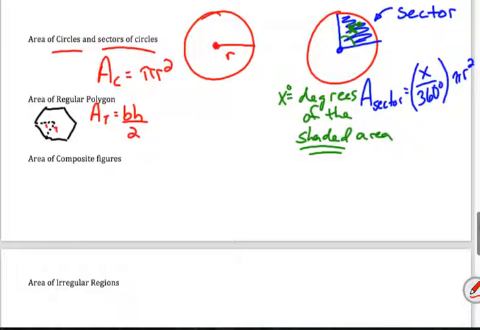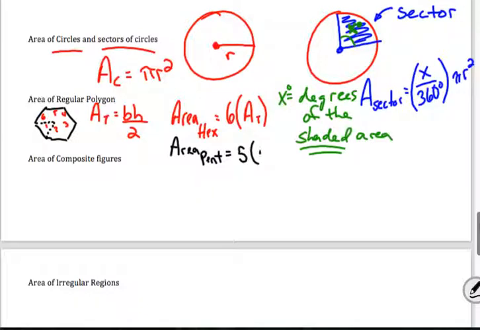So if we have 6 triangles, 3, 4, 5, 6, right, what we can do is the area of a regular polygon, or the area of a hexagon, is going to equal 6 of those area of triangles. And then remember, you're just trying to find the base times height divided by 2 thing. So if I wanted the area of a pentagon, I would have 5 triangles, but I'd have to find one area and multiply it by 5.